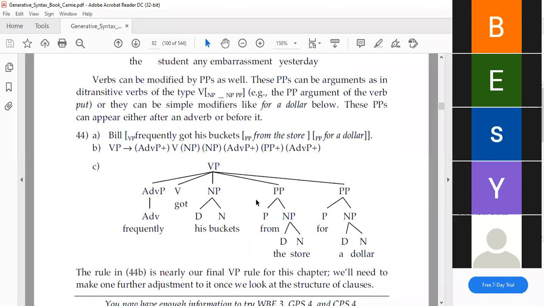Bill frequently got his buckets from the store in my neighborhood. So from the store is one prepositional phrase. In my neighborhood is another prepositional phrase. Now the question is, do we attach both PPs to the VP or what?